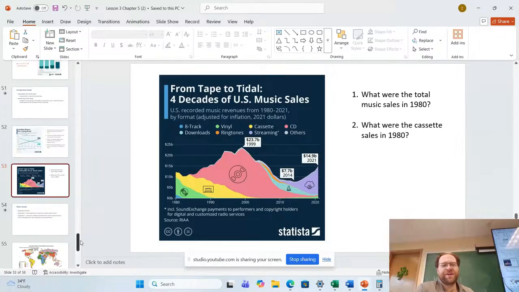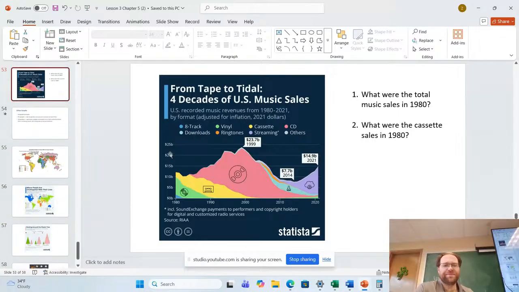This is another example of a stacked graph. What were the total music sales, if you had to guess, in 1980? Yeah, I'd say so.